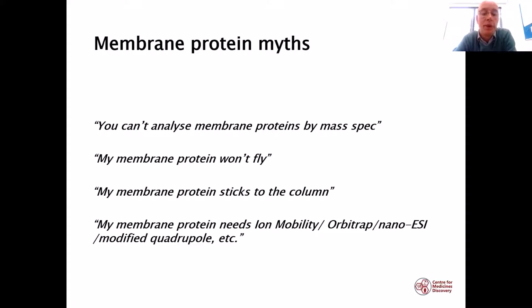People will claim the membrane protein sticks to the column. That is also not true. And there is also a general perception in the field that you need specialized equipment to do this type of analysis. So you need ion mobility, you have to have an Orbitrap, you need nano electrospray, you need specially modified quadrupoles. This is not true. You can do all of this analysis on standard equipment.